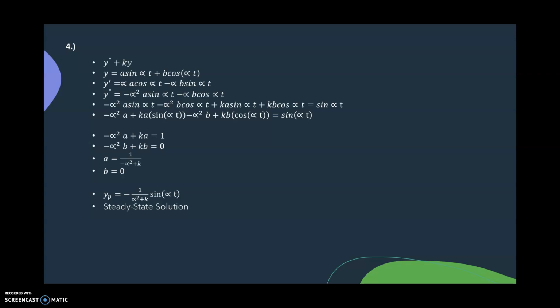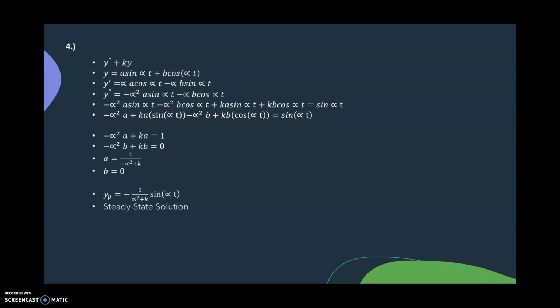Then the derivative of y will be equal to alpha times a times cosine alpha t minus alpha times b times sine alpha t, and the second derivative of y will be equal to negative alpha squared times a times sine alpha t minus alpha squared times b times cosine alpha t.